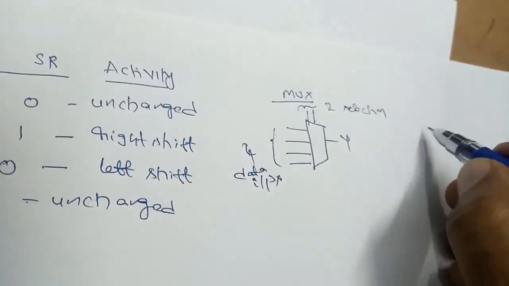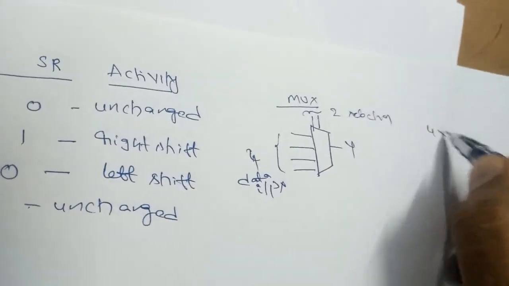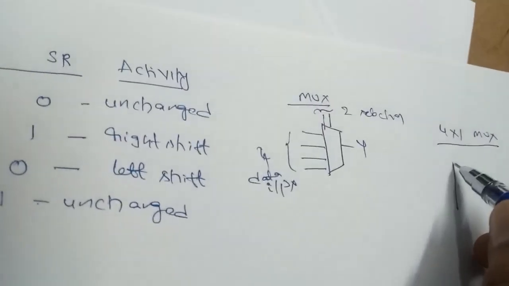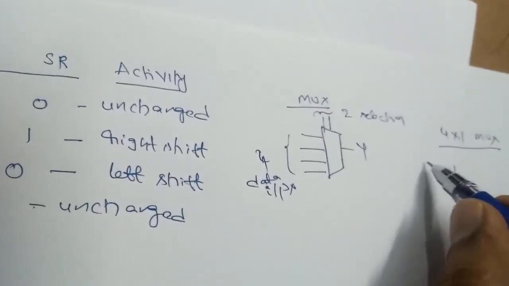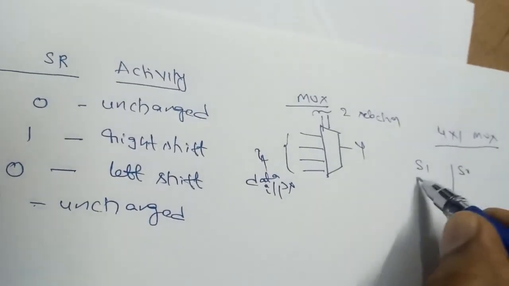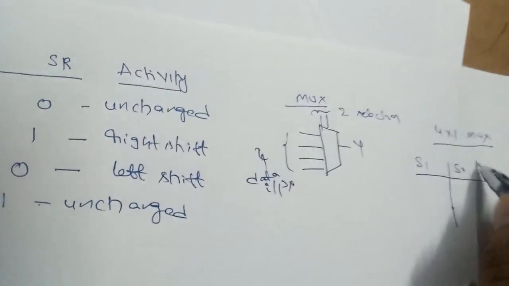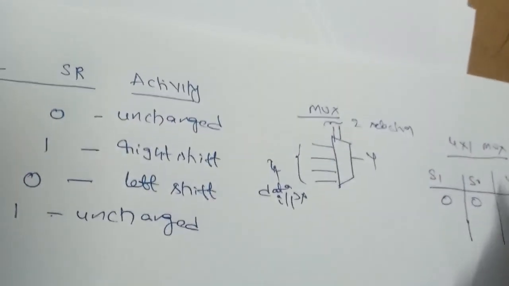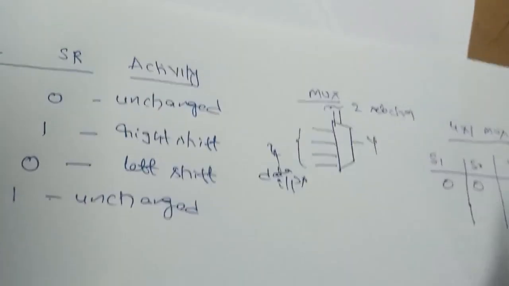For a normal 4x1 multiplexer, if the selection lines S1 and S0 are 00, the output Y will be the input I0.